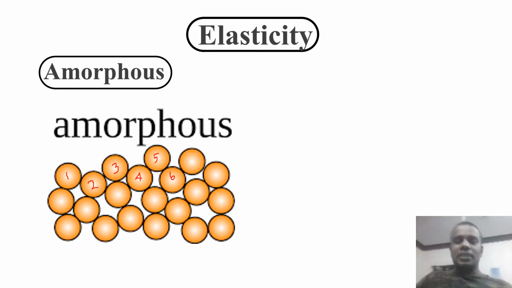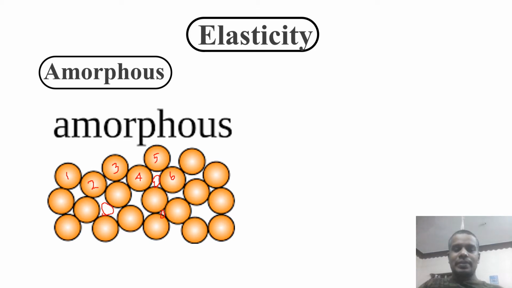There are bigger gaps and smaller gaps. Here the gap is moderate, here the gap is so small, here the gap is bigger. So there is no orderly arranged structure. That's why we call this kind of material amorphous material.